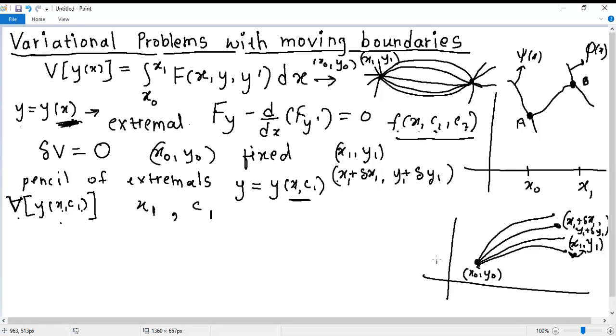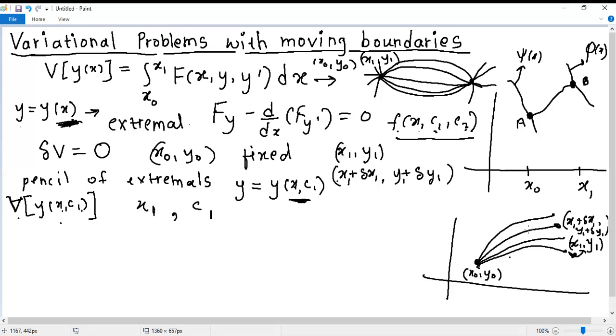Now, if the curves of the pencil y equal to y(x, c1) in the neighborhood of the extremal under consideration do not intersect, then we can say that v[y(x, c1)] is a function of x1 and c1. If these extremals do not intersect each other, then if I tell you the end point, you can easily locate which extremal curve it is.